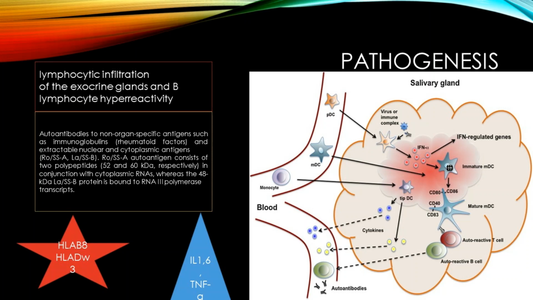In pathogenesis, we are talking about lymphocytic infiltration of the exocrine glands and B lymphocyte hyperreactivity. Autoantibodies to non-organ specific antigens such as immunoglobulins, for example rheumatoid factor in high titers, and extractable nuclear and cytoplasmic antigens, Ro/SSA and La/SSB.